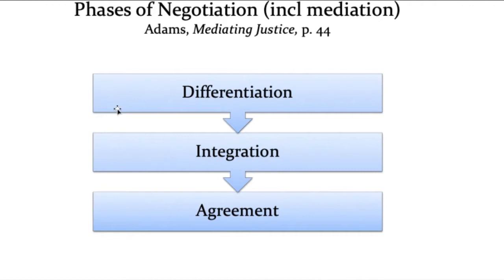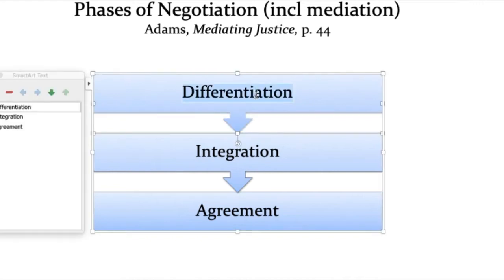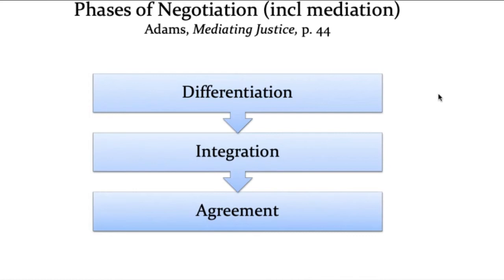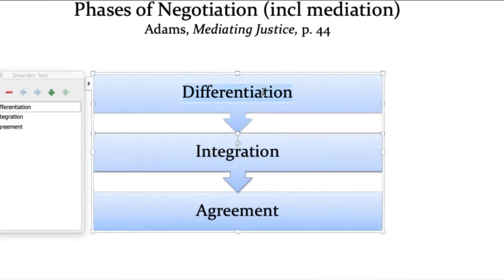So in the differentiation phase, this is where the parties are stating their positions, asserting their positions, providing legal position. They may be bluffing, they may be threatening the other side in different ways. And the party is trying to conceal its own resistance point while detecting, if at all possible, the resistance point of its adversary.